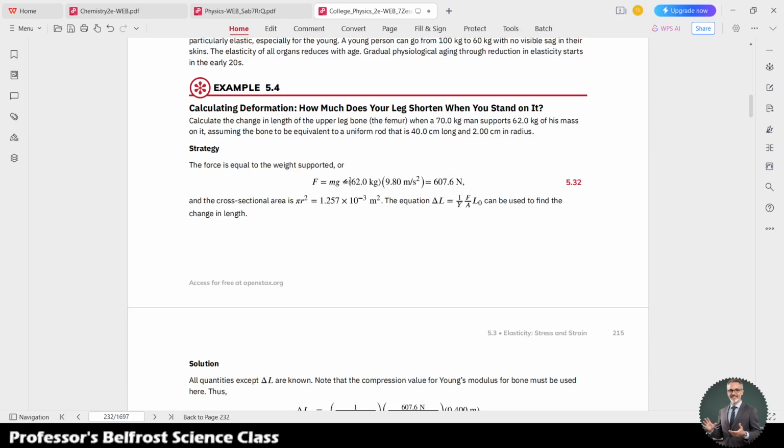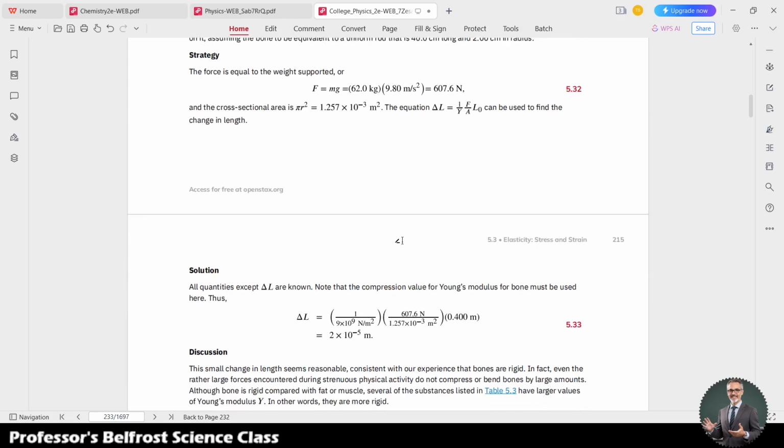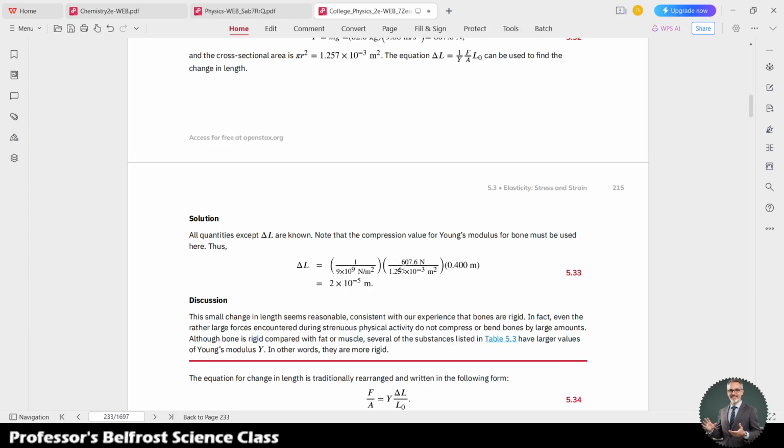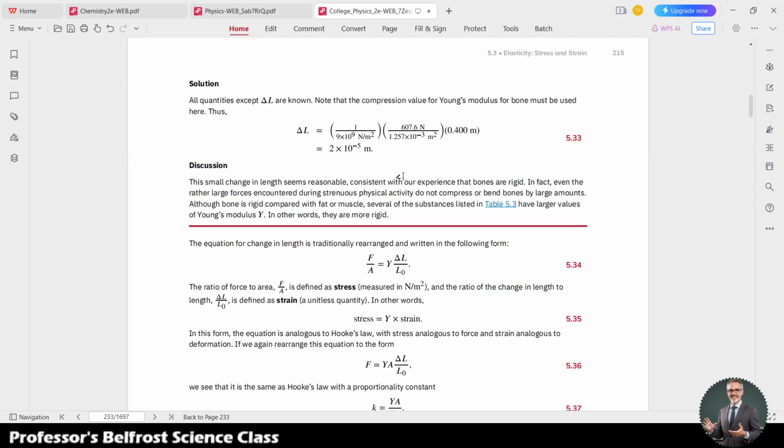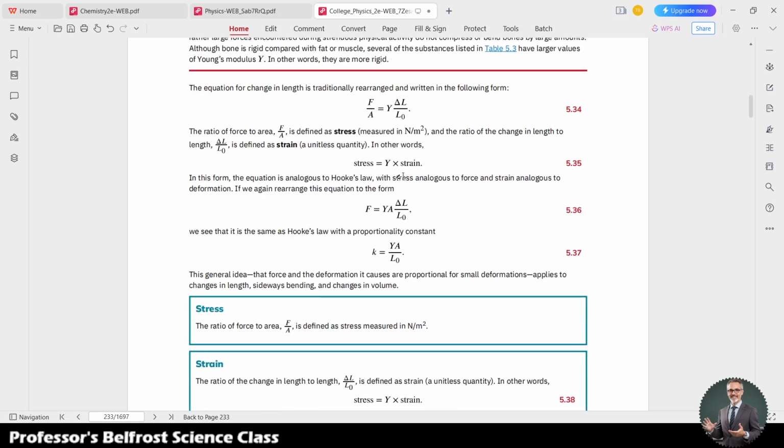So 62 times 9.8 gives the weight, which is about 607.6 Newtons. The cross-sectional area, when we assume the bone to be a uniform rod, is pi r squared. And delta L is about 2 times 10 to the minus 5 meters when we substitute all the values.